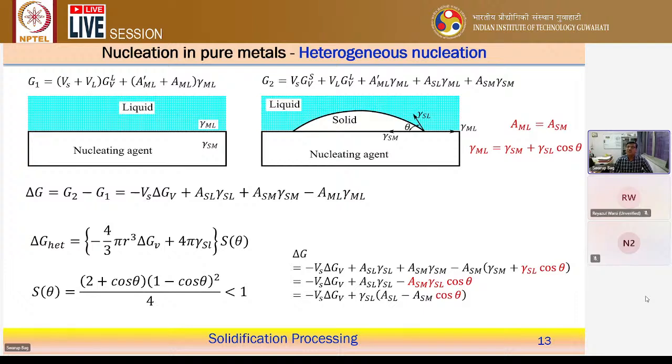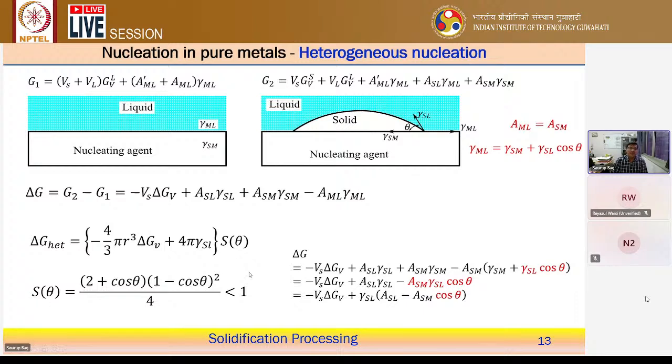In that case, we can make the balance, making this particular angle theta stable: the x component of gamma ML and gamma SM should be equal, along with the component of gamma SL along the x direction. If you consider all this calculation, then you can reach this expression where S theta, one shape factor, comes into the picture.